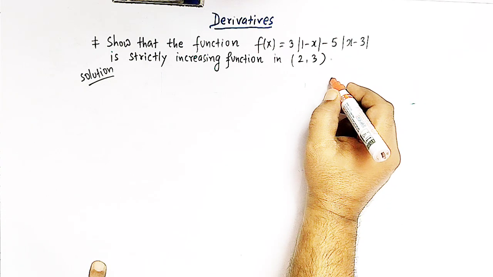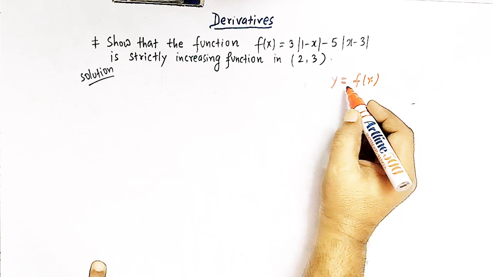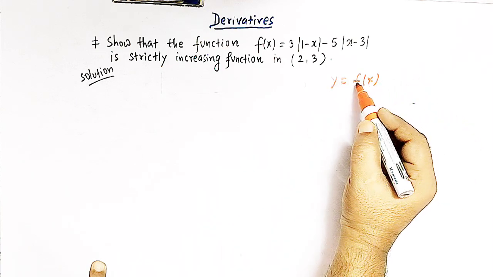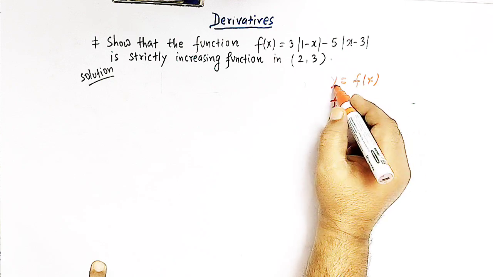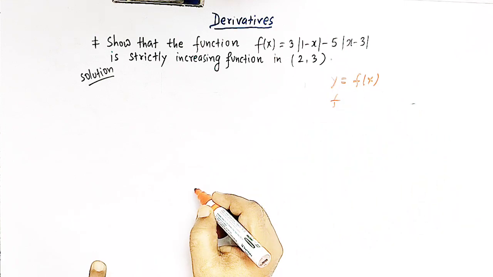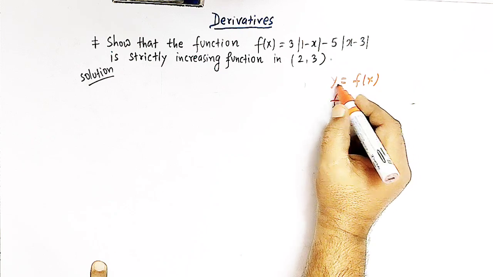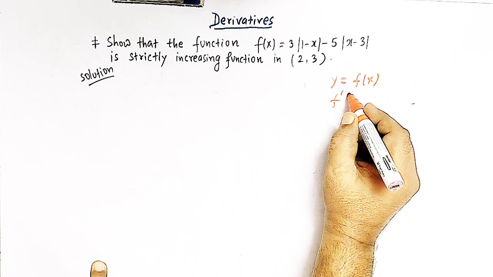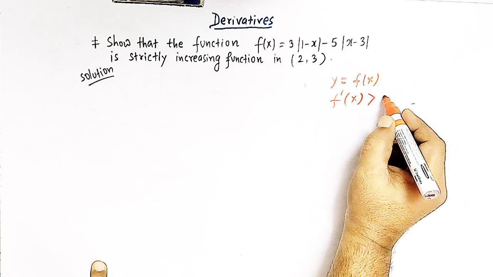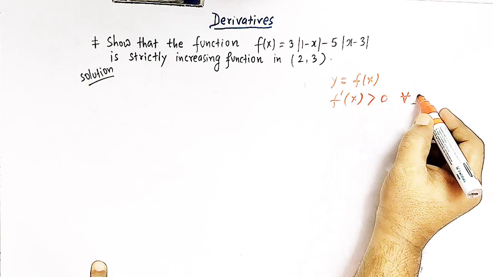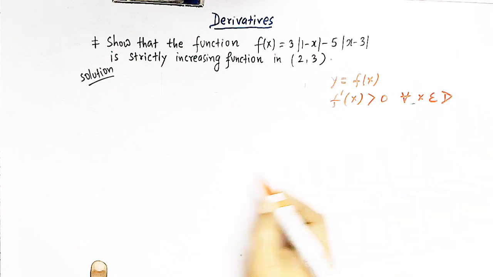Now see, if we have a function, say y is equal to f of x, and the derivative of this function f of x exists, then the function y is equal to f of x, which is defined in some domain, is said to be a strictly increasing function if the derivative of this function is positive for all values of x belonging to the domain.